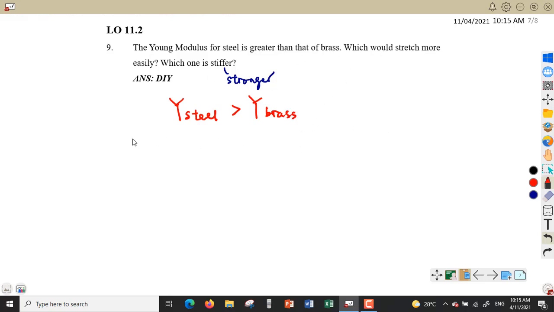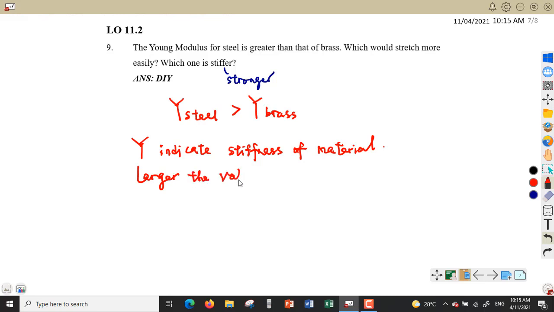You have to understand what Young modulus is. If you recall the summary concept that I have already explained, the Young modulus indicates the stiffness of a material. So the larger the value of Young modulus, the stiffer the material.